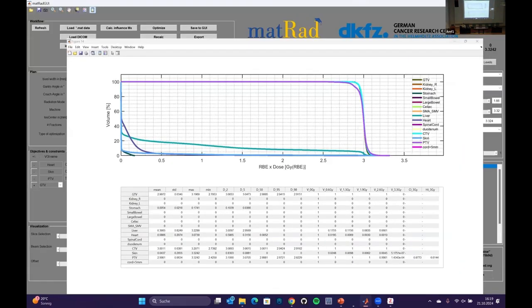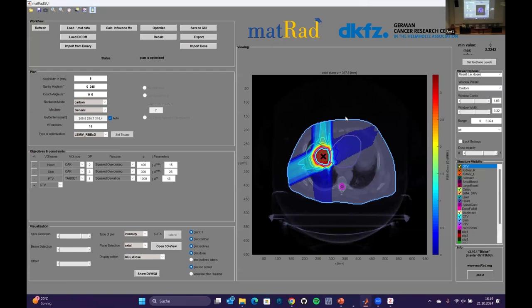But the most interesting part about this is, let's look at the actual physical absorbed dose, energy by mass. So what I would like you to do is here on the right side, click on lock settings, which locks the scale in place. So this scaling here from 0 to 3 point something doesn't change.